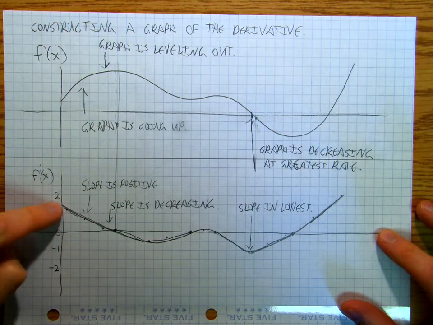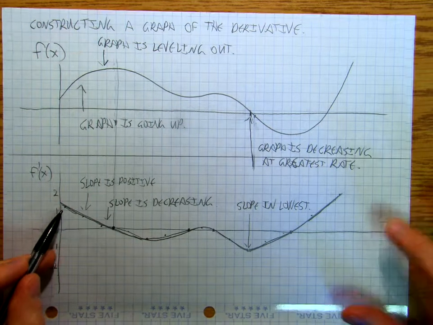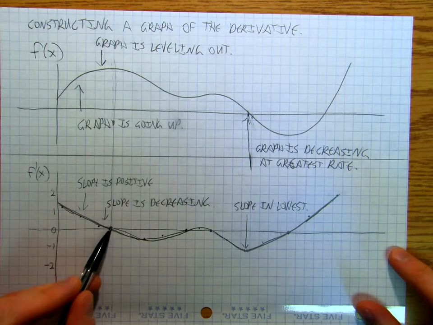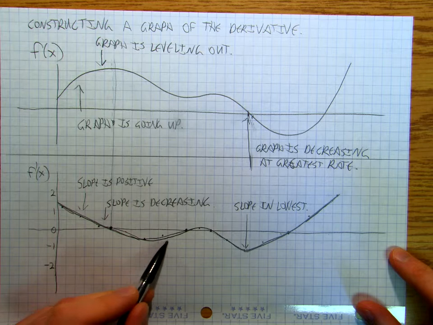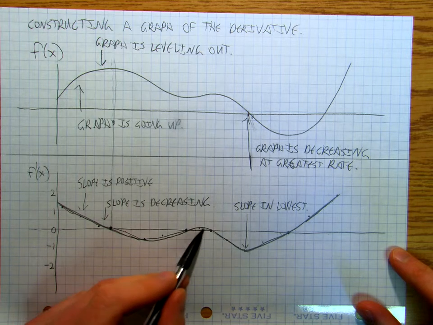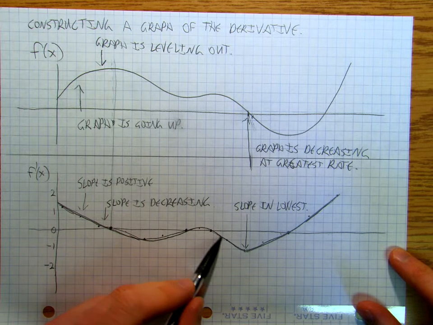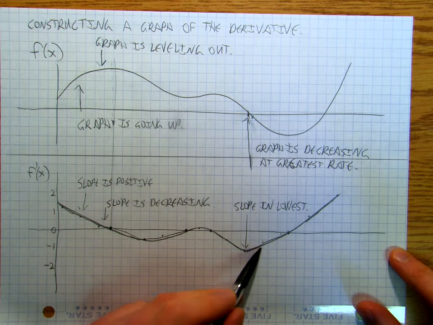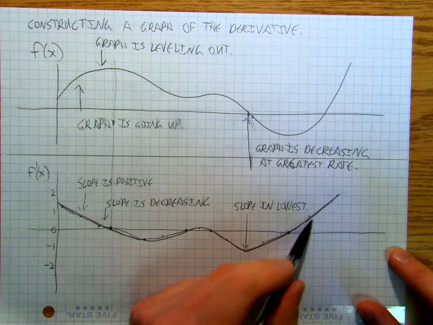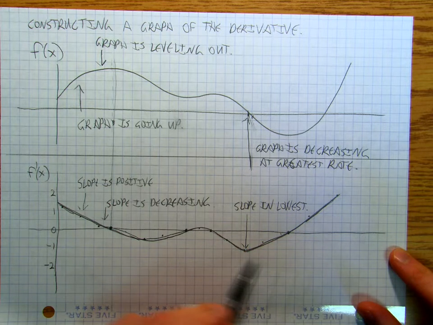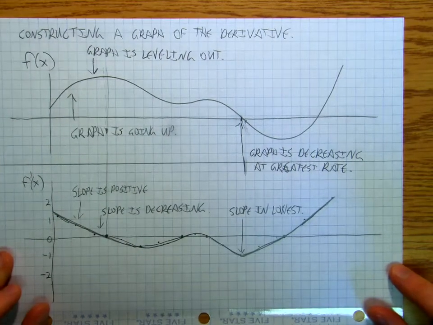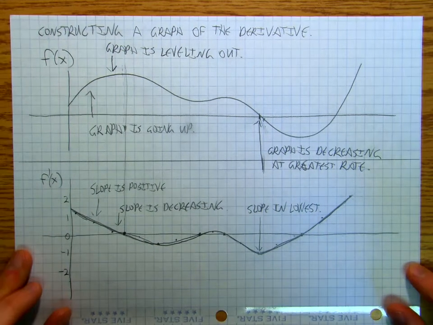If I look here, the graph above is going up, then going down, then going up, then going down. Right there it's going down at its steepest rate, and it's still going down, and then it's going up. And right up here is where it's going up at its steepest rate. Okay, that's as much as I want to say about that one.